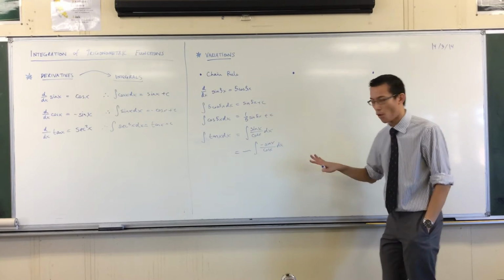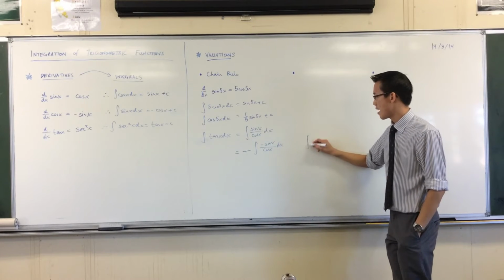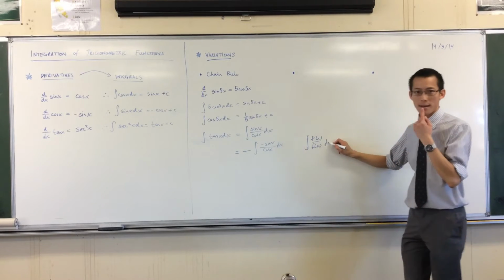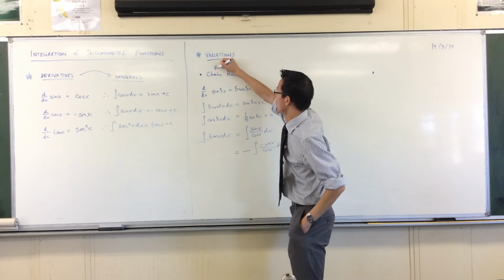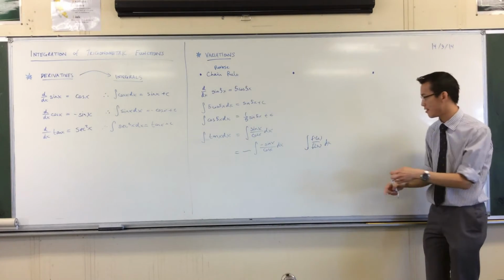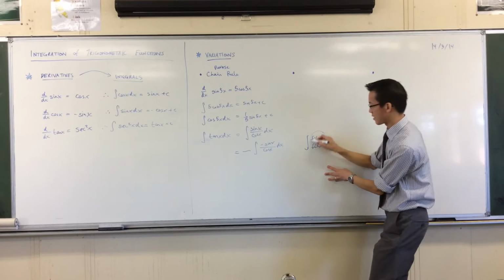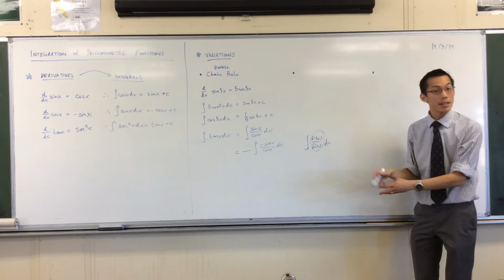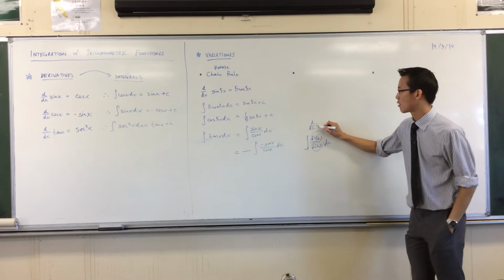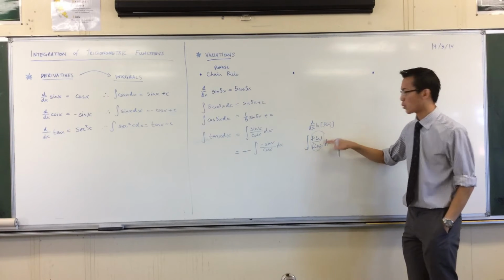This is in the form f dash on f, okay? Now, I really should have said reverse general. What function do you differentiate and you land on that when you use chain rule? And the answer is a log function, right? If you were to differentiate log of f, that's what will give you this.